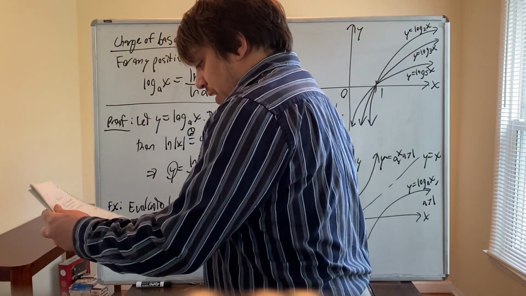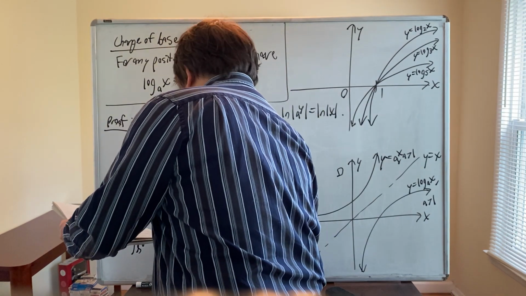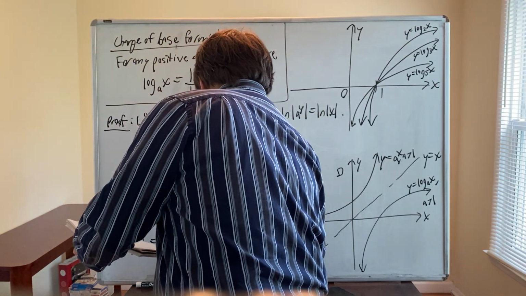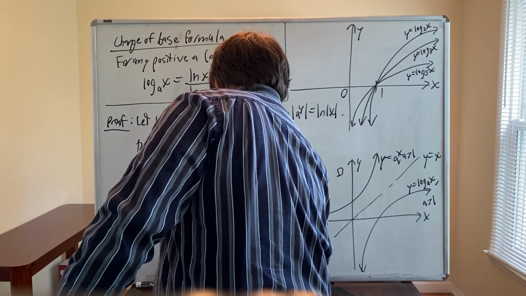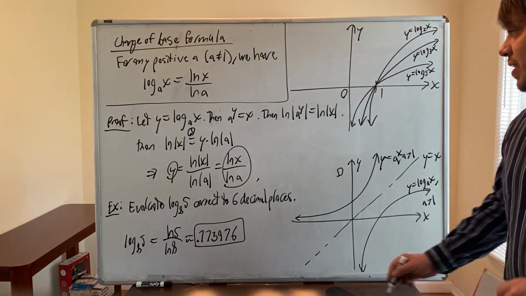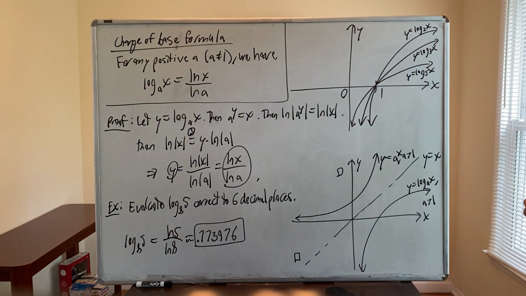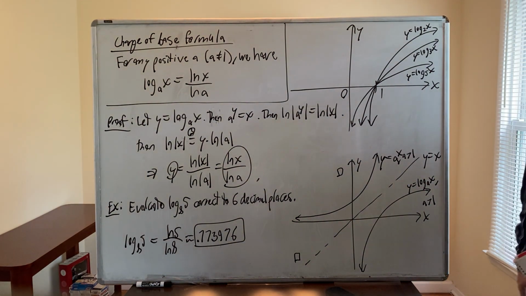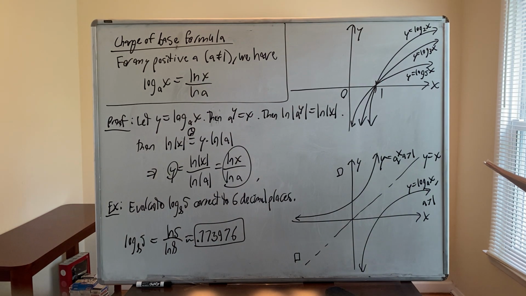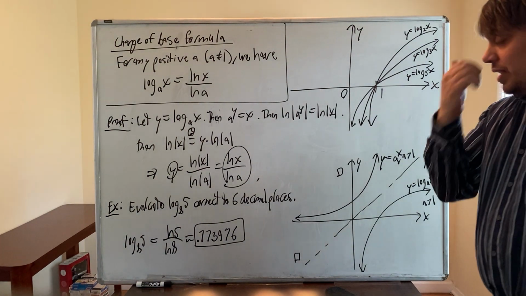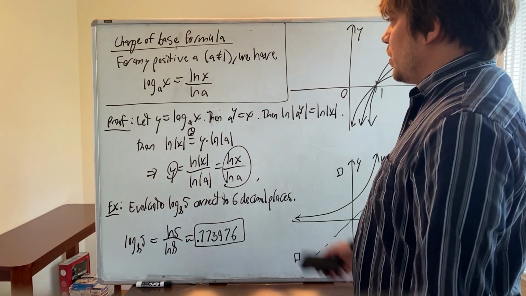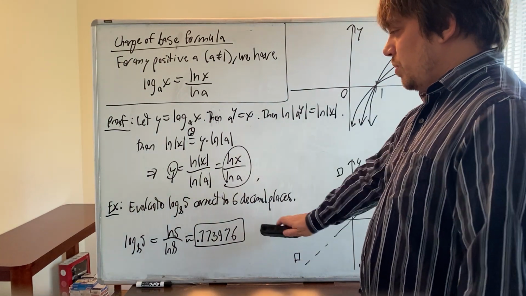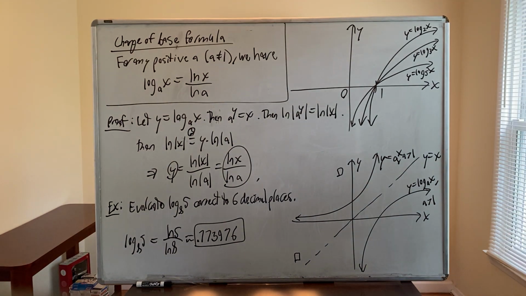In the calculator, you take ln of 5 divided by ln of 8, and you get approximately 0.773976. And that's it, all done. So that example shows you the value of log base 8 of 5. Good. So: the change of base formula, its proof, and using it to get the answer to that example.